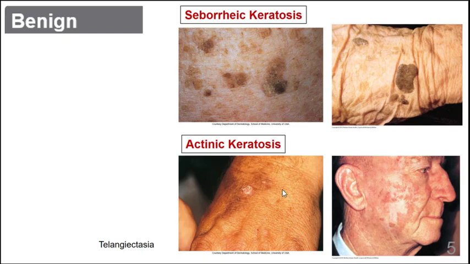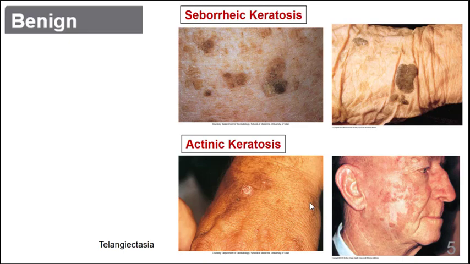Actinic keratosis is a common premalignant lesion. So it's premalignant, which is different than SEB-K, which is not considered premalignant. Actinic keratosis is also known as solar keratosis because these are caused by exposure to UV light.